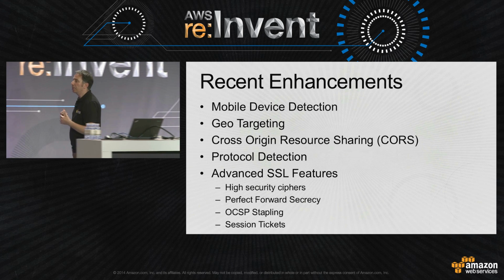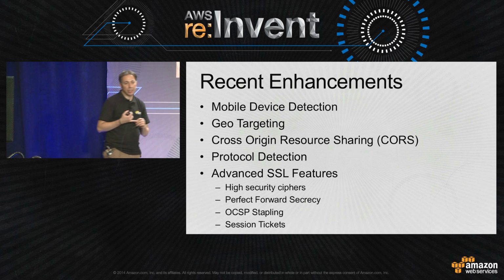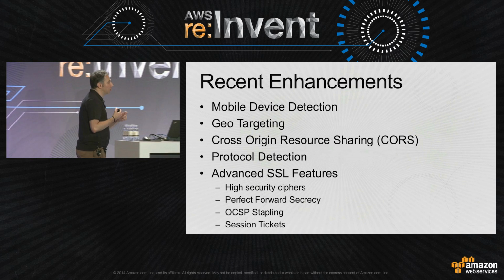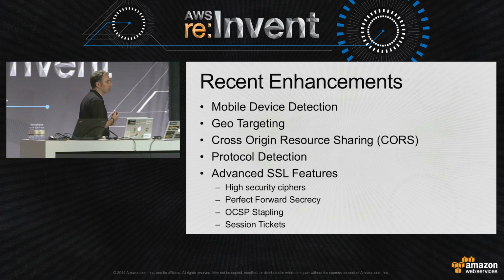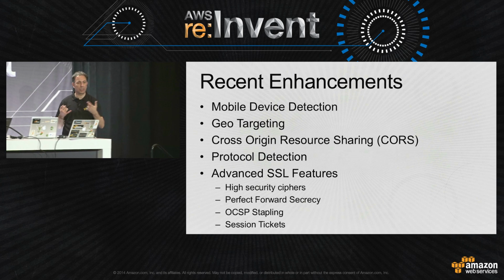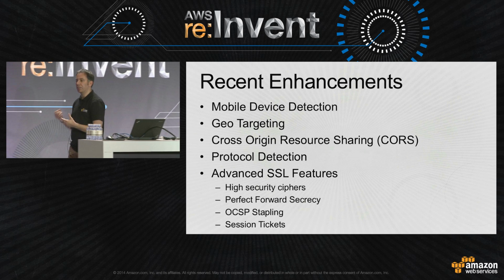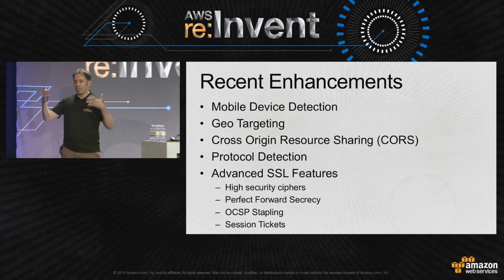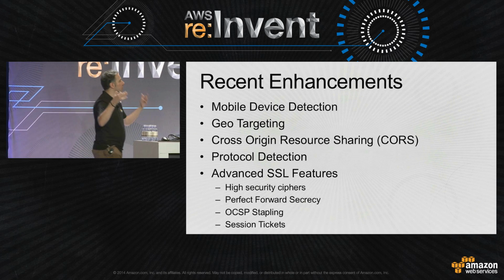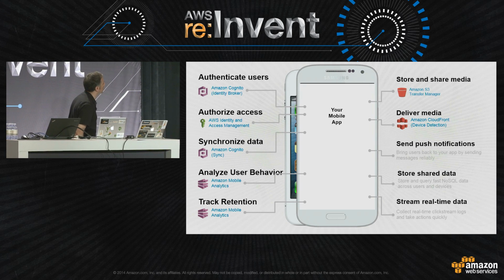For example, stapling allows us to validate the certification authority without making a request every time. And session tickets allow a user to have a ticket that can be reused for the SSL connection after some time, so you can reuse the same connection. SSL has an initial negotiation that is quite slow, so the session ticket can speed up this negotiation.